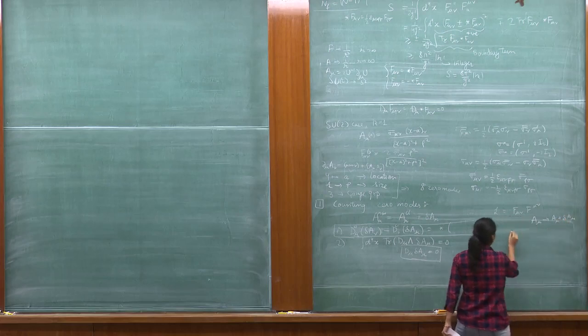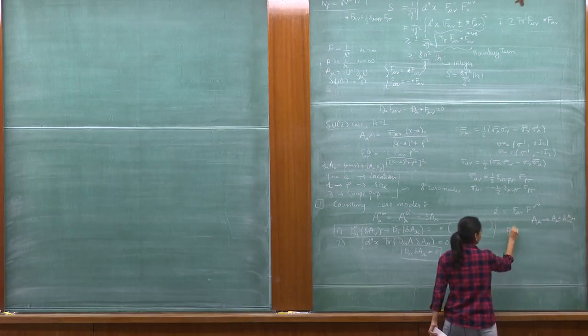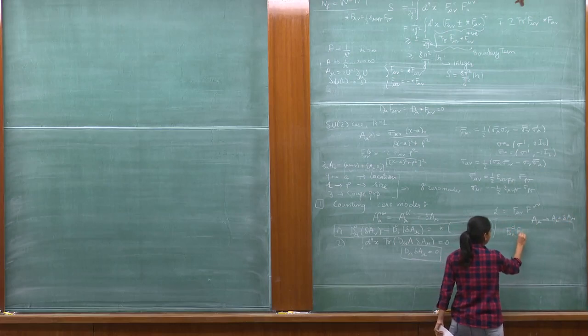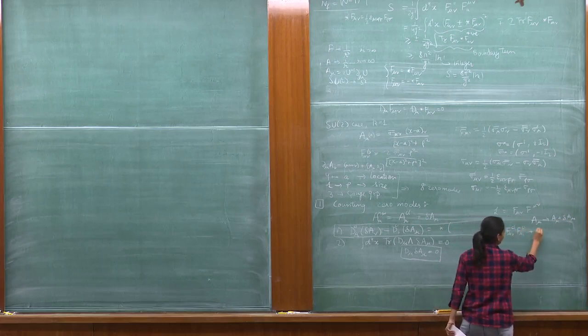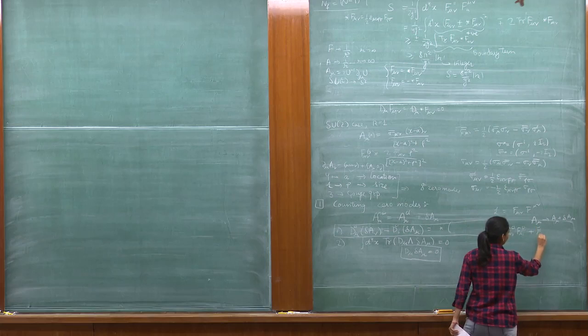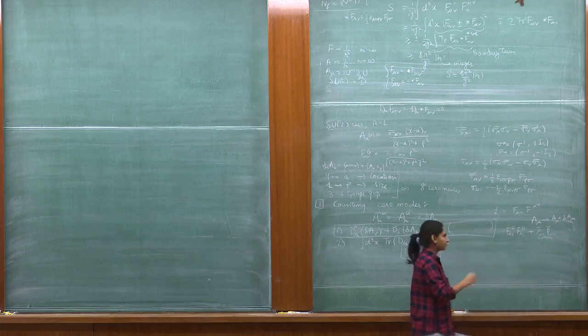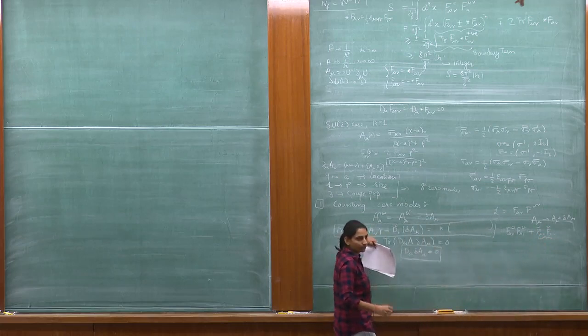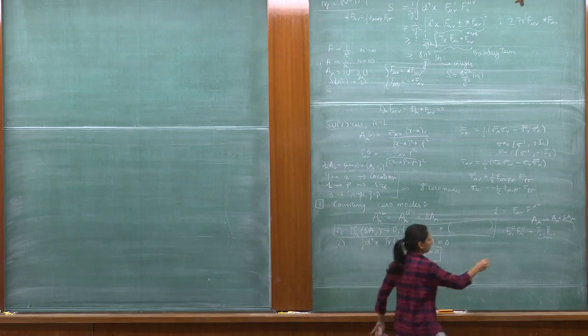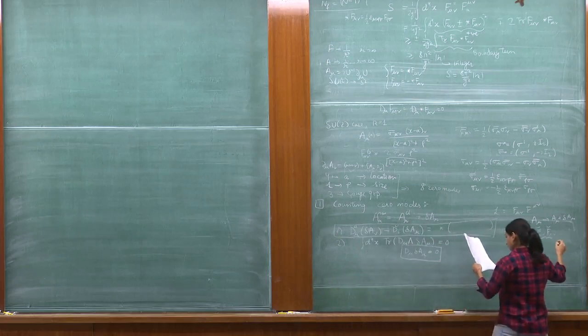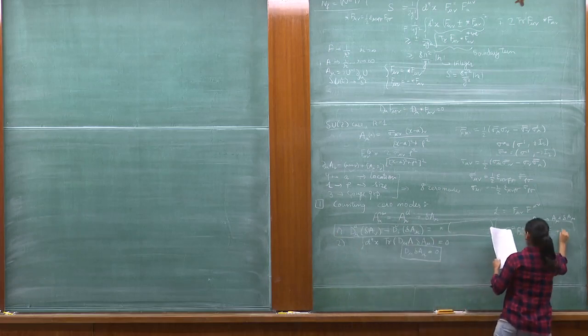Then what I will get is first the old one which I am calling F mu nu classical. Then I will get some F tilde mu nu, which are computed in the gauge background. And there is one more piece which I should write, which is F mu nu classical times delta A mu.